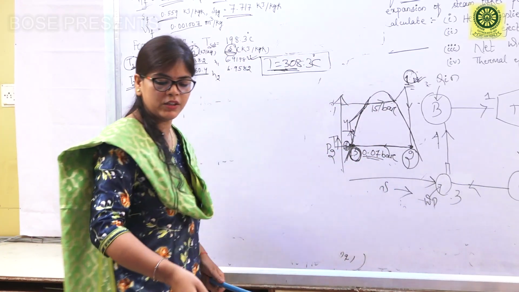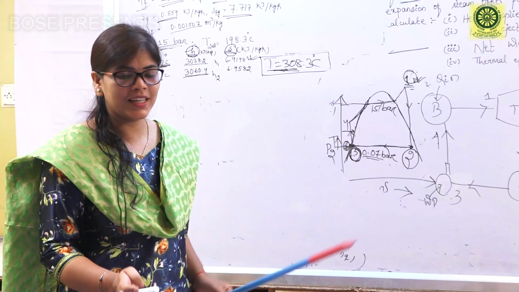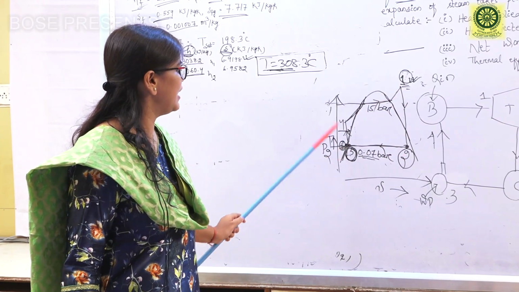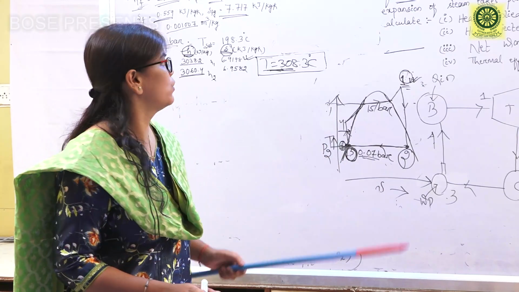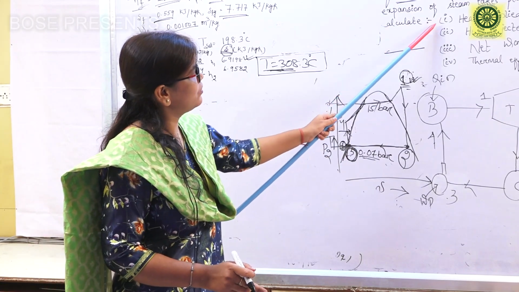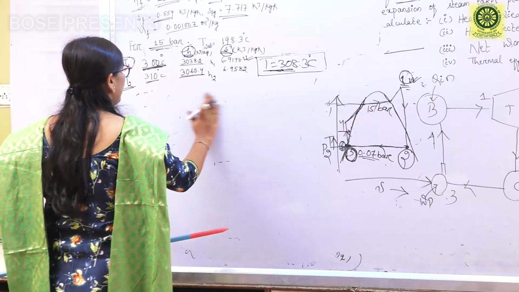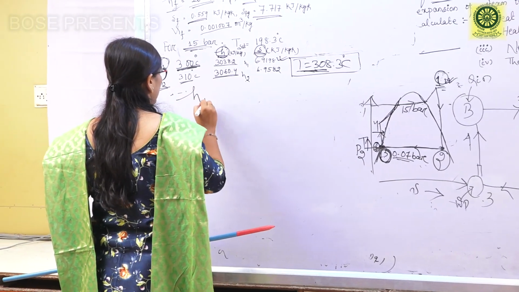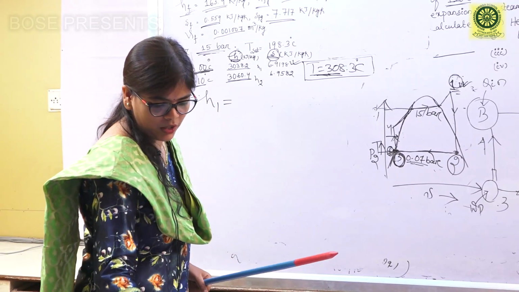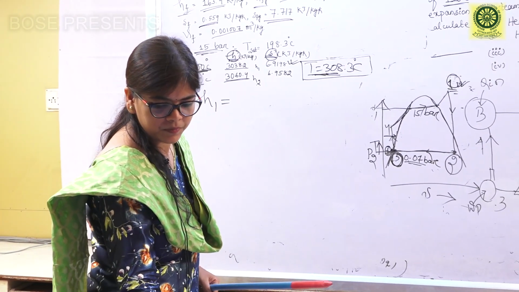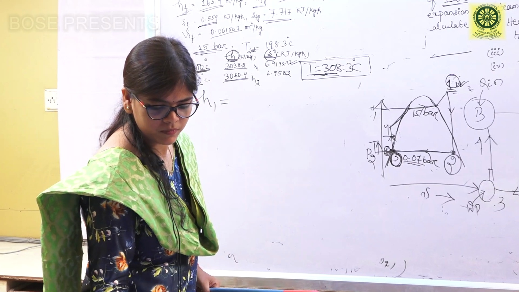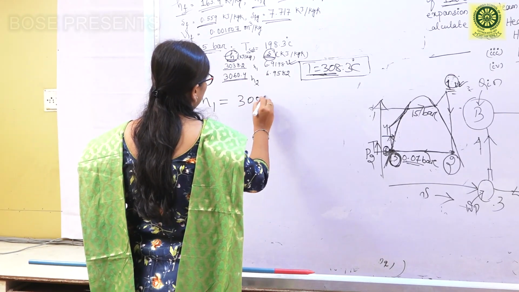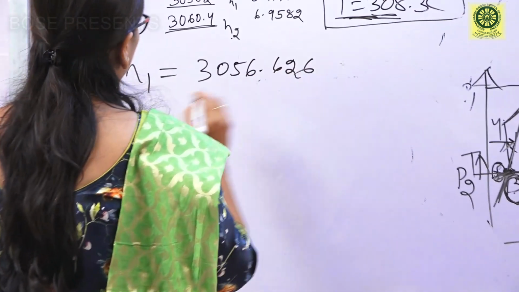So whenever your question is based on the Rankine cycle, first find the values for H1, H2, H3, H4. Then it will be easy for you. Let me write down all the values first, otherwise it will be a problem. H1 is 3056.